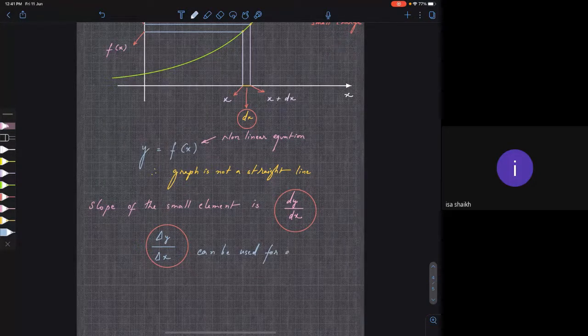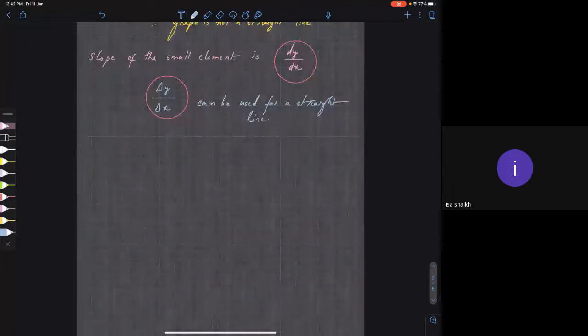Sir, the slope which we are finding will be only for that small element. Yes, you'll understand. Wait. So this can be used for a straight line.